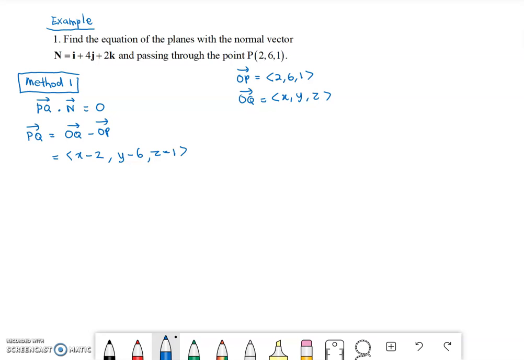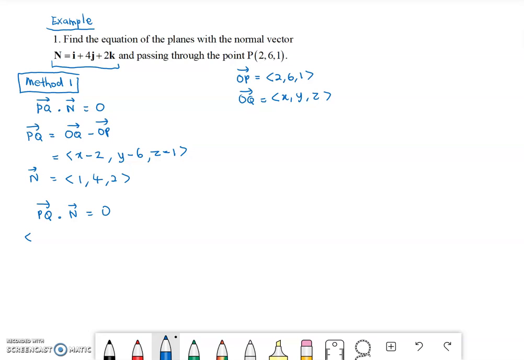Okay, now we have identified our PQ, and the normal vector is actually from this equation, which is equal to 1, 4, and 2. So now what we need to do is just dot product this, where this is equal to 0.